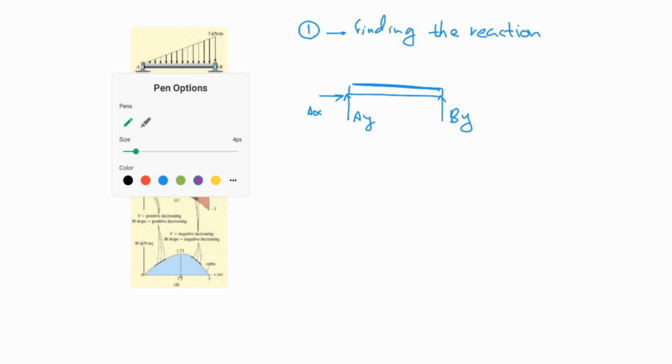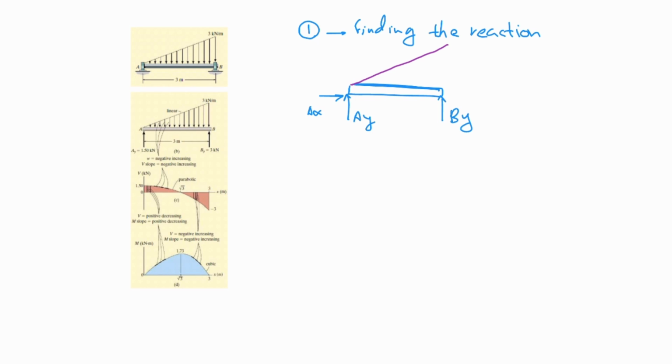And what I have on the top is something like this, a distributed load, and this is 3 kN over m, and I know the distance between these two is 3 meters.